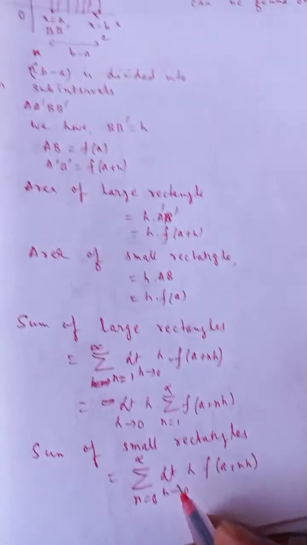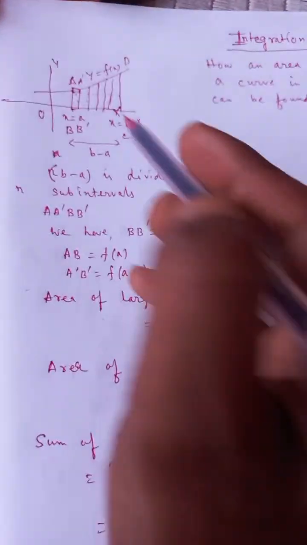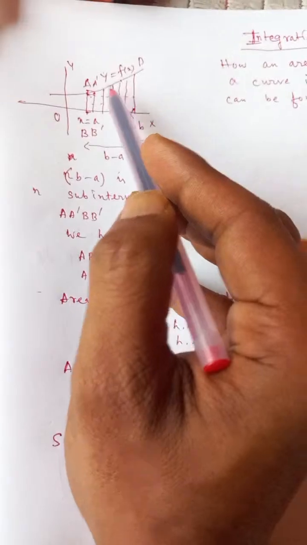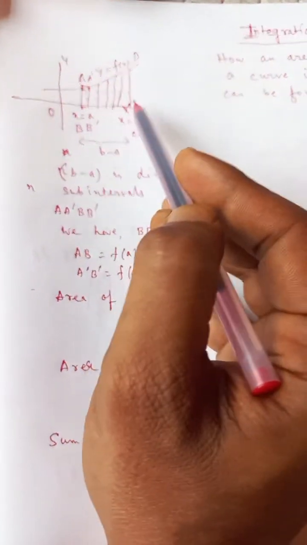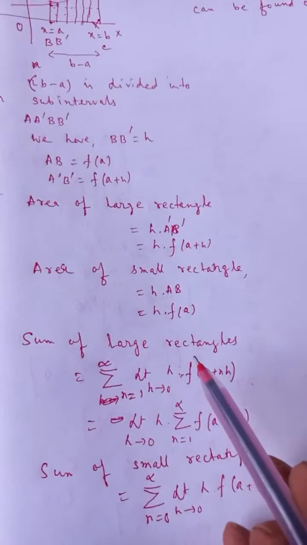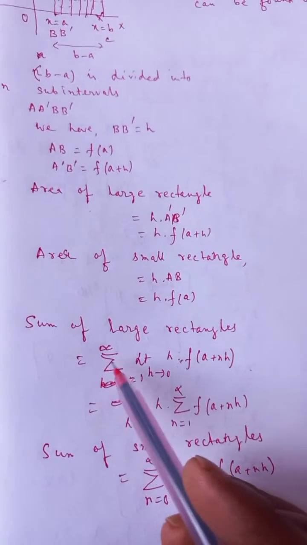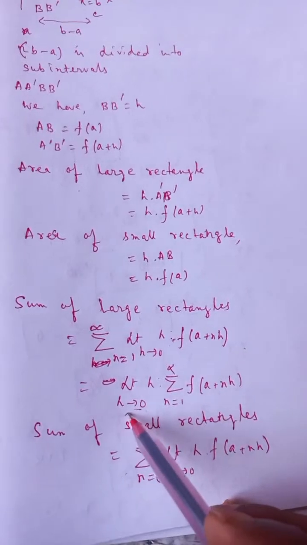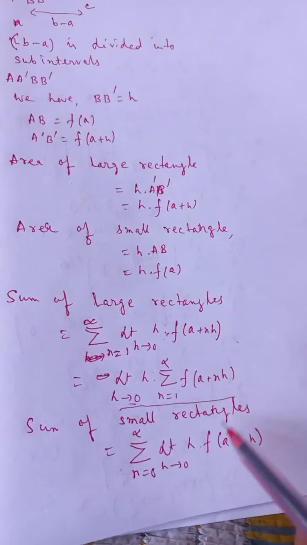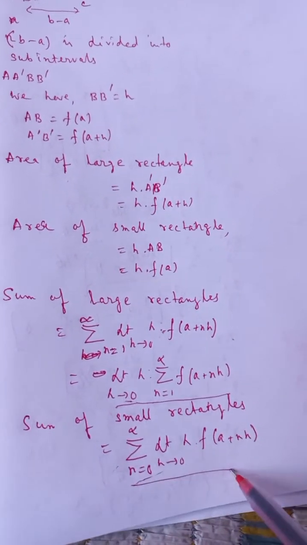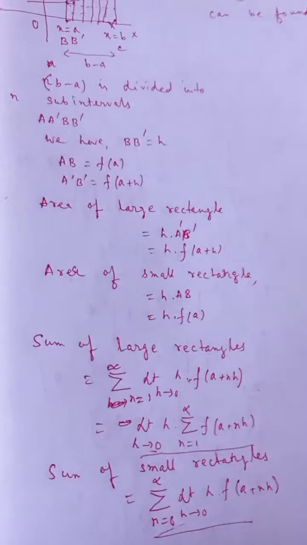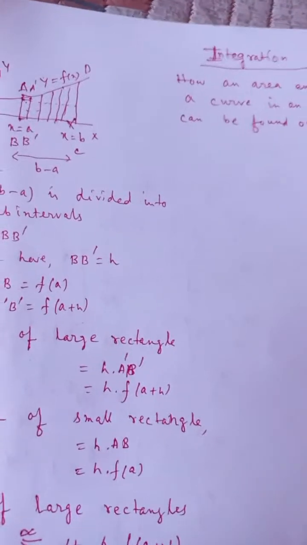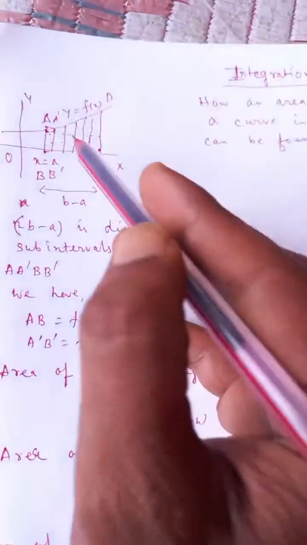Now if we have to take the total area enclosed by the curve ABCD, both the collections must have the same limit. So this supremum limit and the infimum limit must be equal at the limiting value. Then we will get the proper value of the enclosed area.